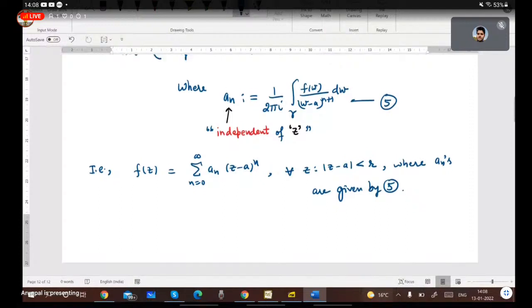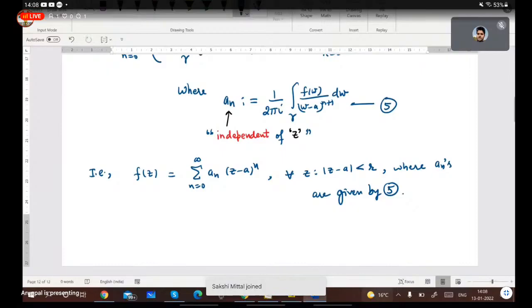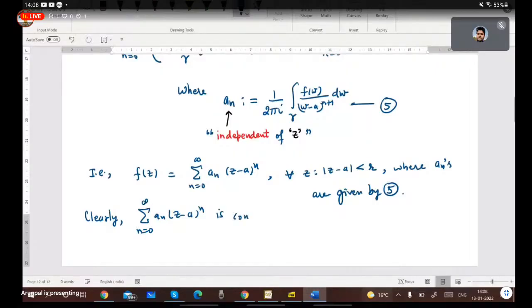Now class, take a note that one thing here is automatically clear. Clearly the series summation a_n (z minus a) to the power n, n going from 0 to infinity, is convergent for all z satisfying this condition.